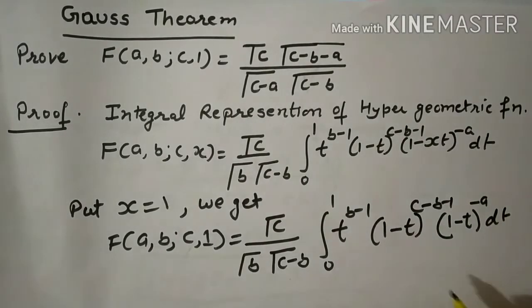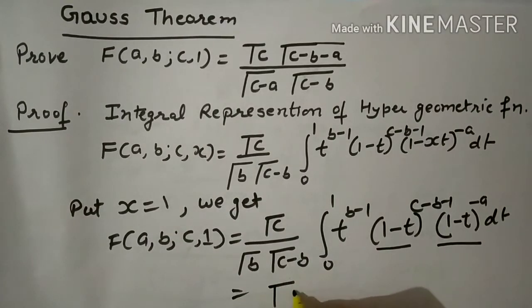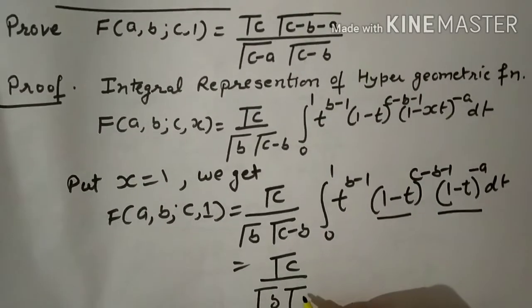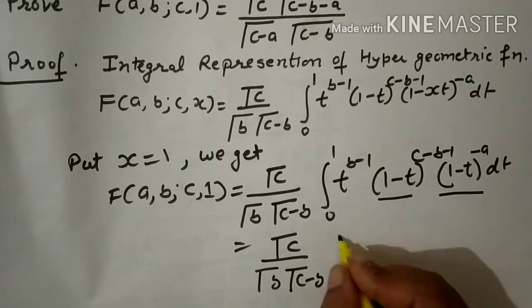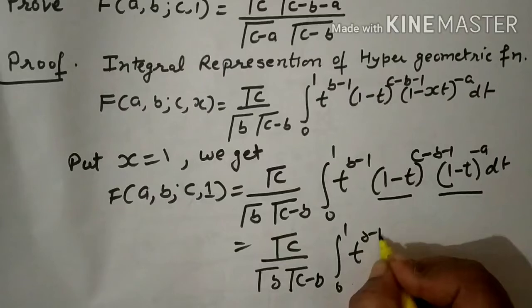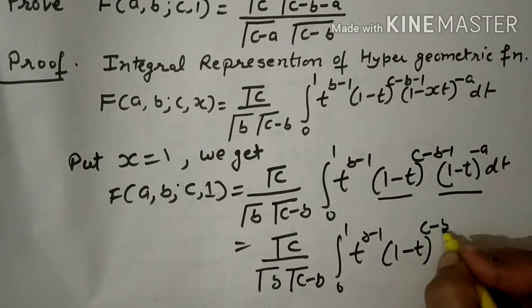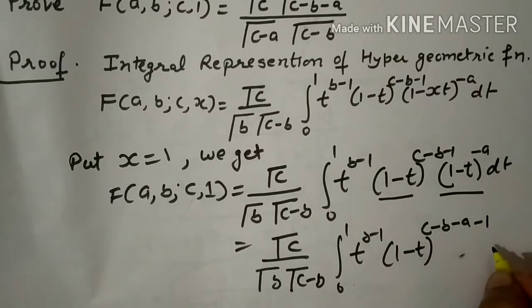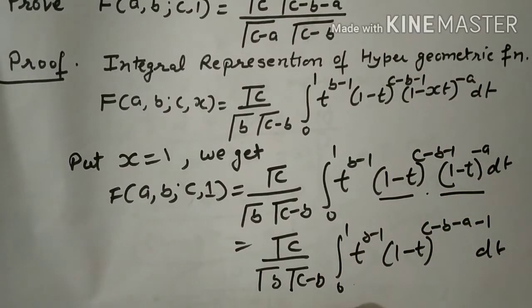So both these terms are 1 minus t, so we combine their power, and we get c minus b minus a minus 1.